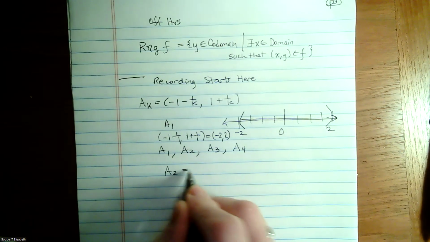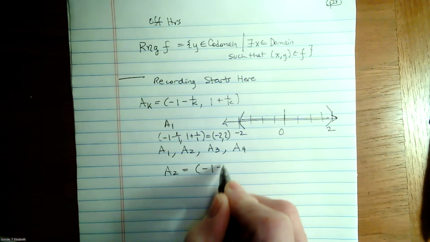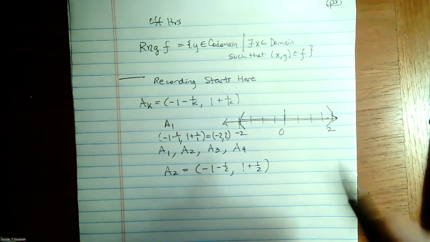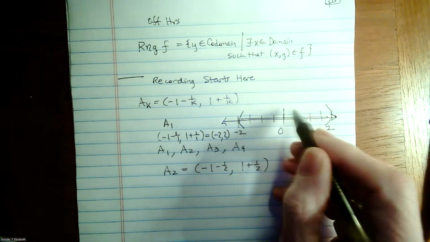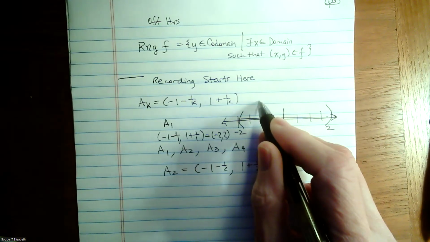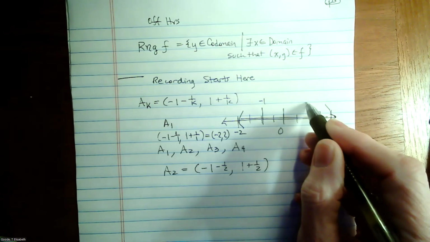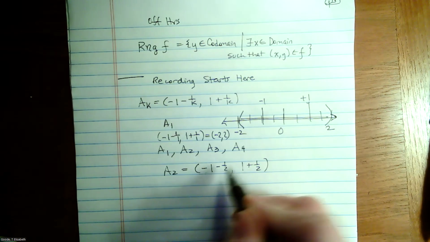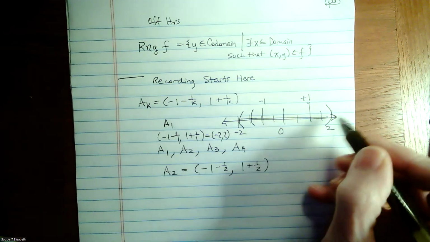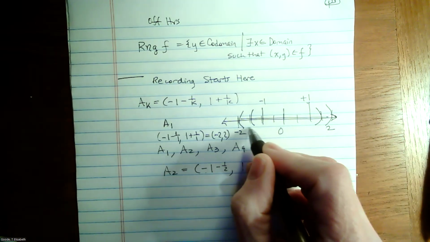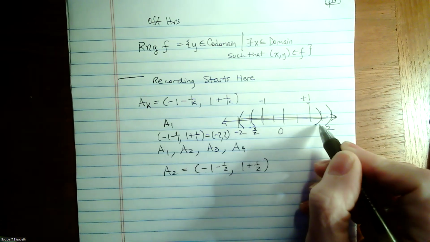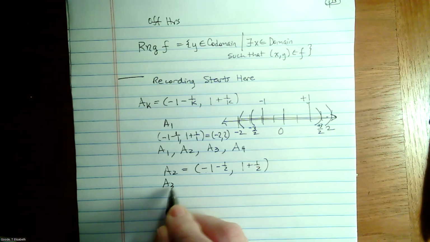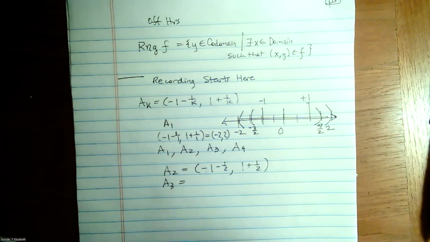But the point is you do need to understand what these sets look like. So A2 goes, if this is -1 and this is +1, from -3/2, which is here, to +3/2. And then A3 gets closer and closer.